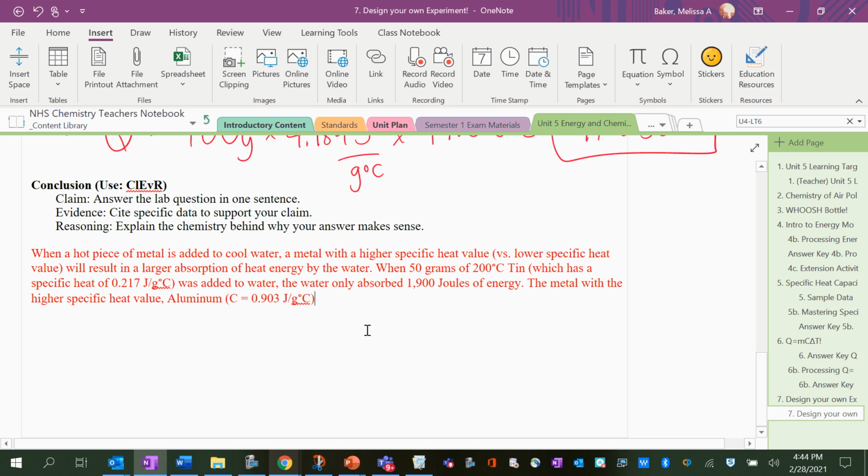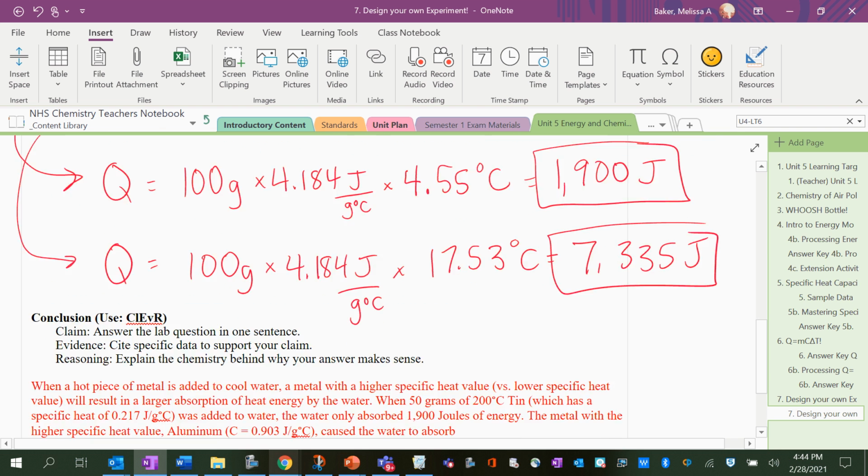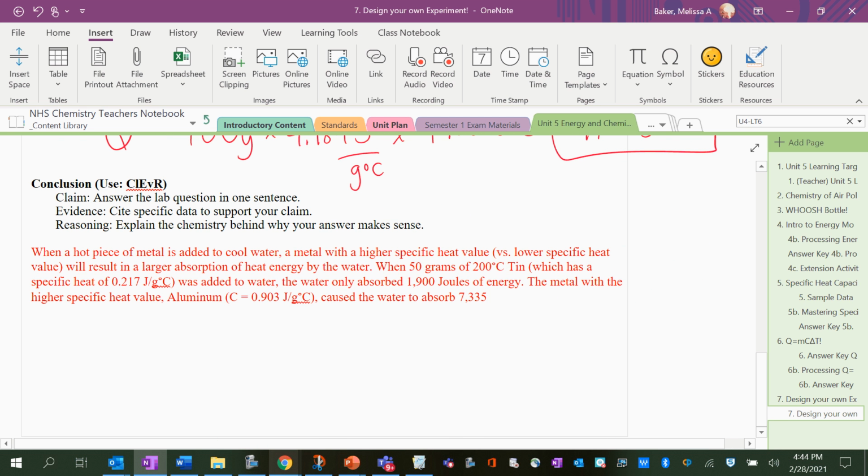The metal with the higher specific heat value caused the water to absorb 7,335 joules. It should be noted that the same amount of aluminum was used and it was also heated to 200 degrees Celsius to keep those variables constant.